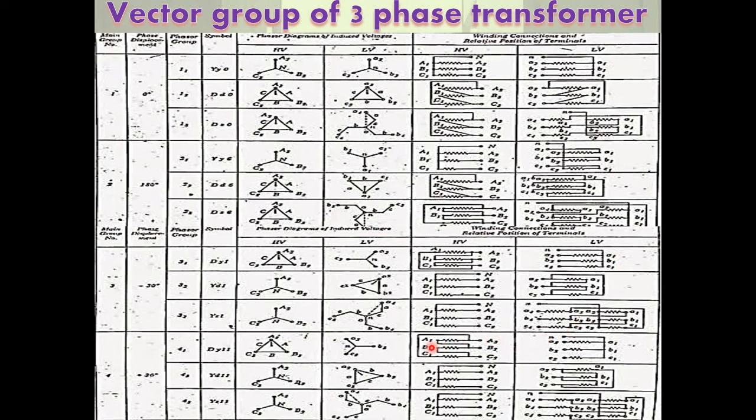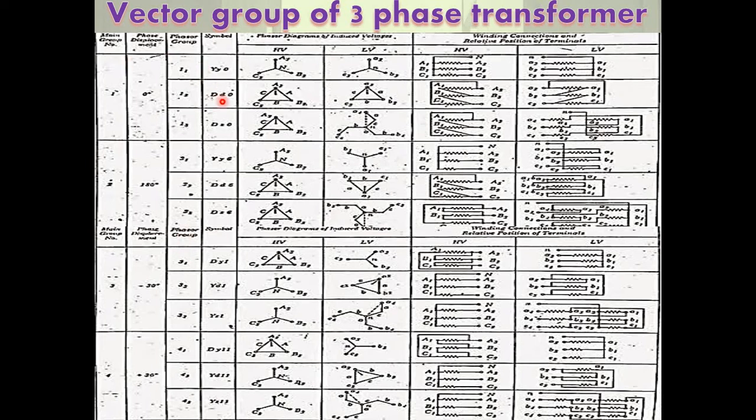The angular difference between the vectors representing the voltage induced between HV and LV terminals having the same marking letters and the corresponding neutral point, real or imaginary, expressed with reference to the HV side, is termed the phase displacement of the transformer.